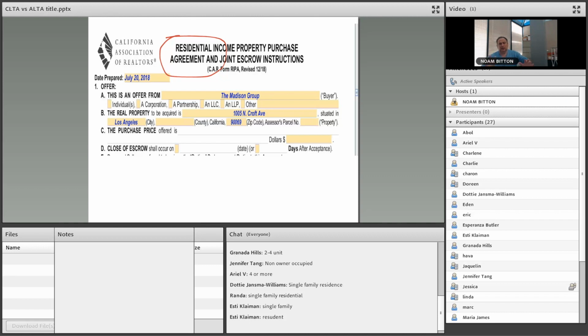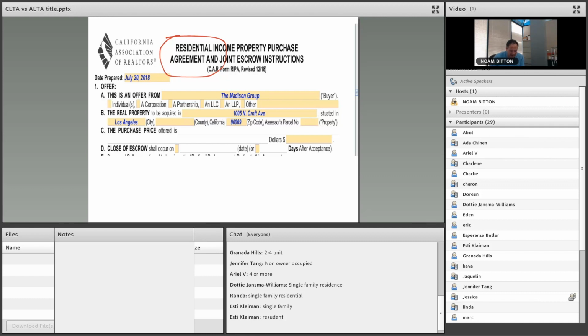You have income generated from the other units, so you need to write residential income property. It can be 2, 3, 4, 15, 45, whatever, because there are certain stipulations in that contract that need to be addressed when there is income deriving from those properties. But that's for something else. It's good that I asked that question and saw the answers. We're going to talk about this, so stay tuned. It's going to be in the next few weeks. I'm going to put together a presentation on that.